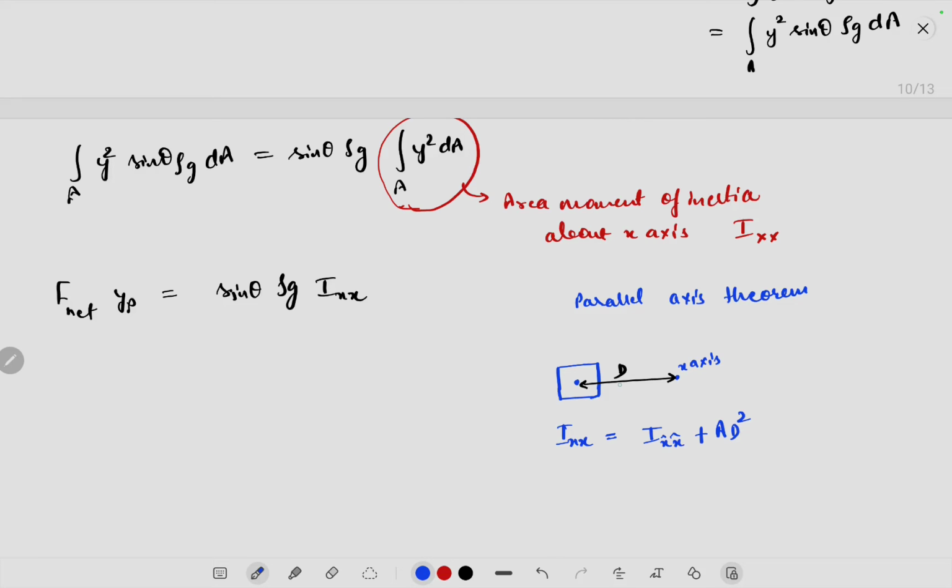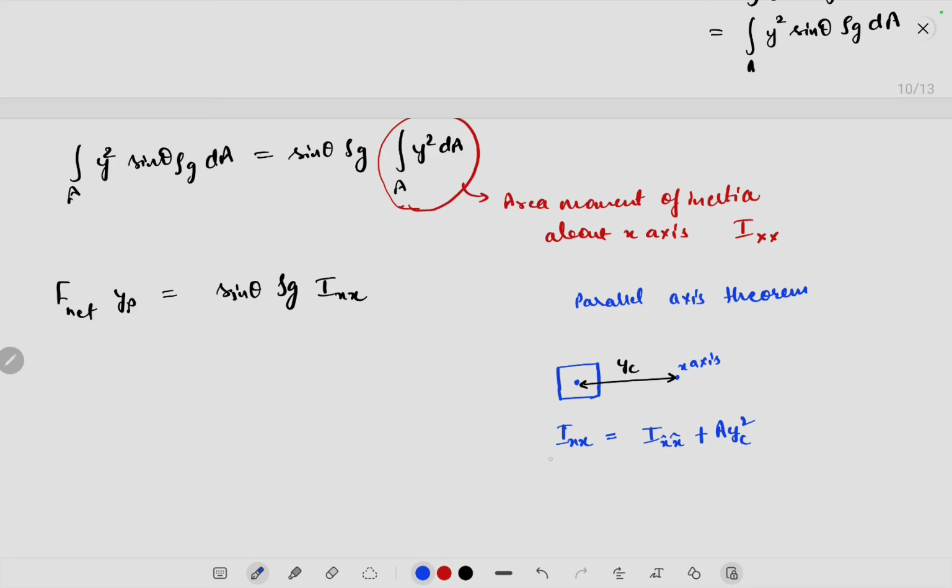And in our case, what is this d? What is the distance of the centroid from the x-axis? This is nothing but yc. So that's why this will be written as A yc square.